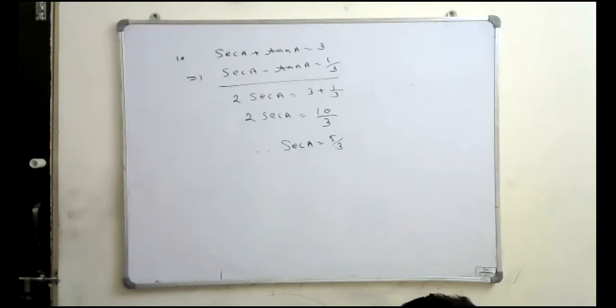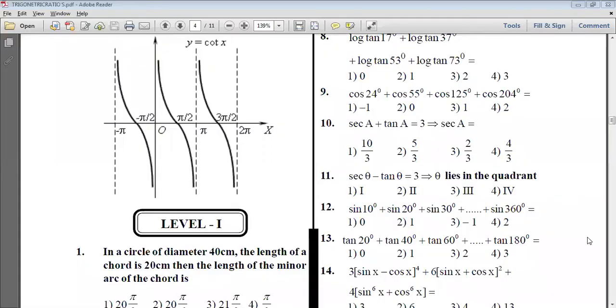Okay, let's look at the next problem. Secant theta minus tan theta is 3, then in which quadrant does theta lie? Just observe here.